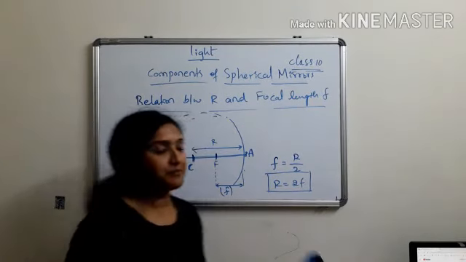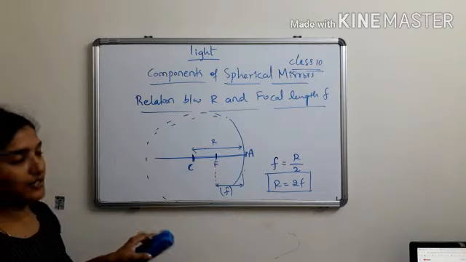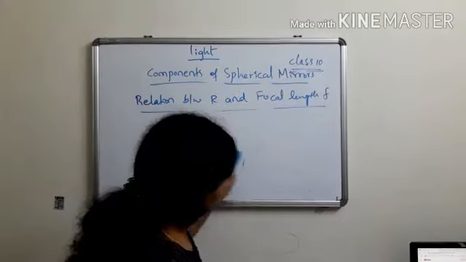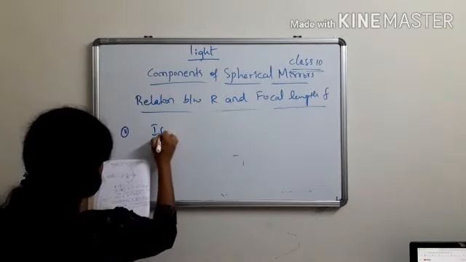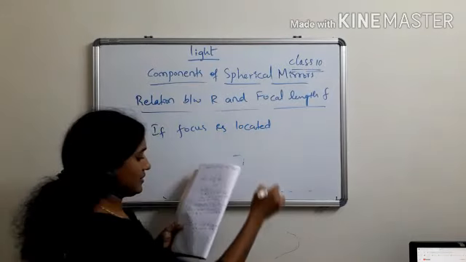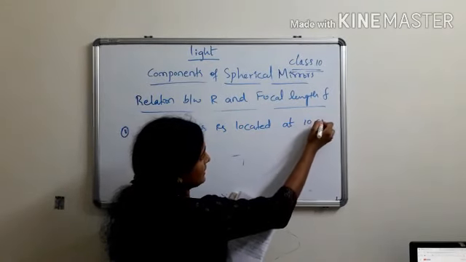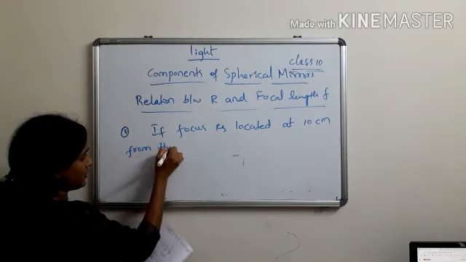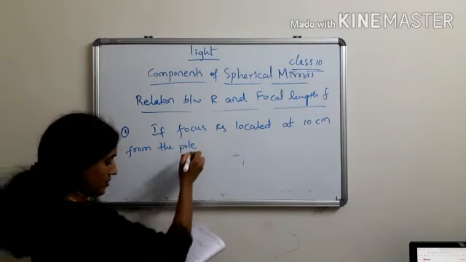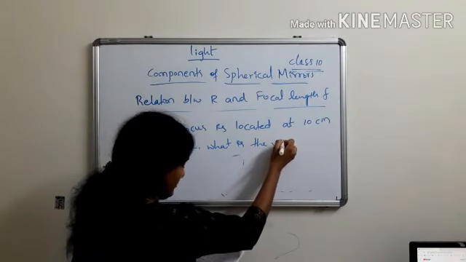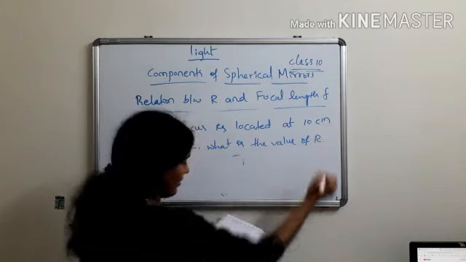Let's solve a problem on this relation between f and R. Write down the problem. If the focus is located at 10 centimeter from the pole, what is the value of R?